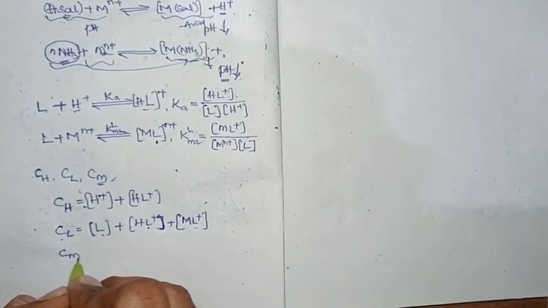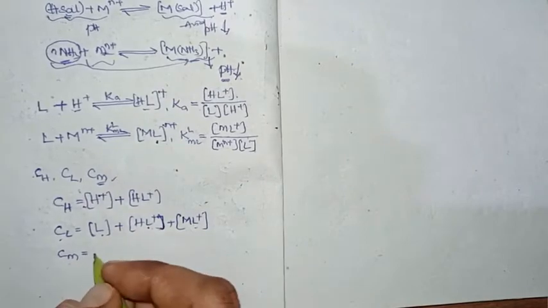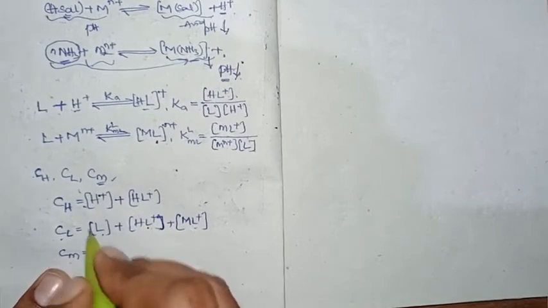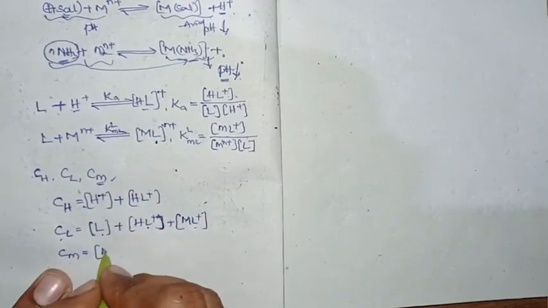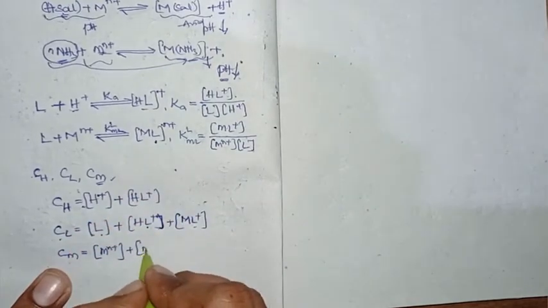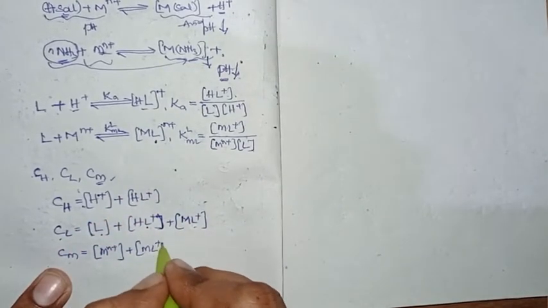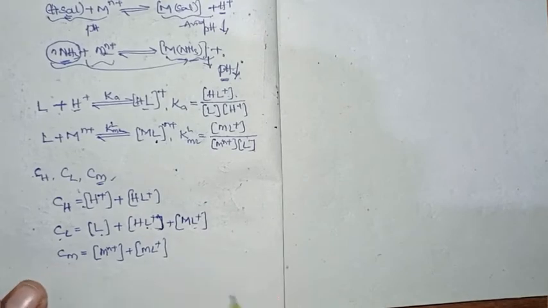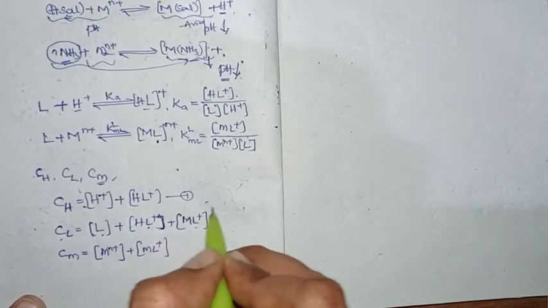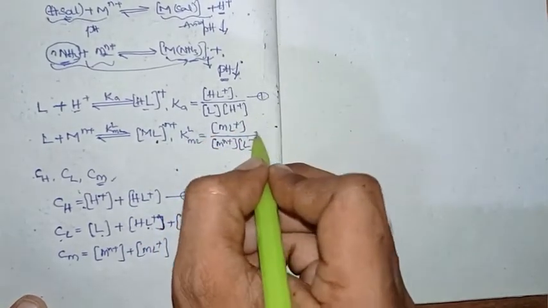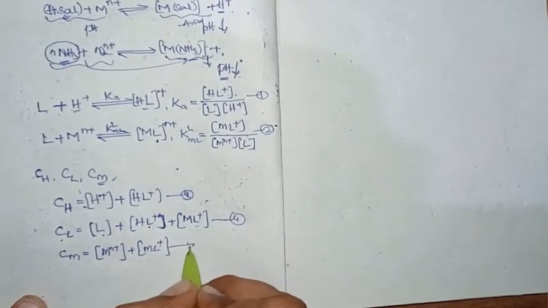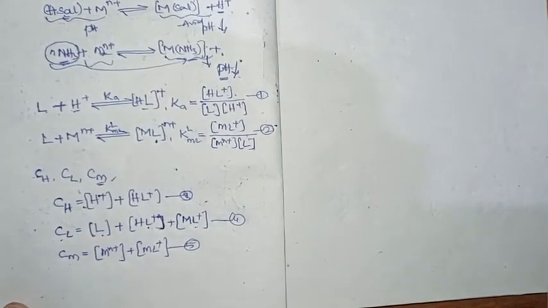Same to that, the metal initial concentration can be equal to the remained metal ion concentration plus complexed metal concentration, right? Like this we will have equations; this could be equation number 1, this is taken as 2, this is 3, and 4, it would be 5, right?